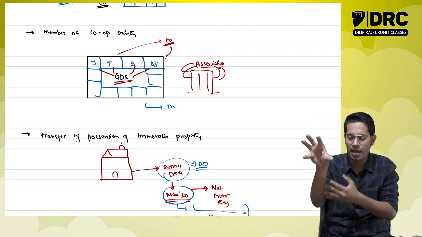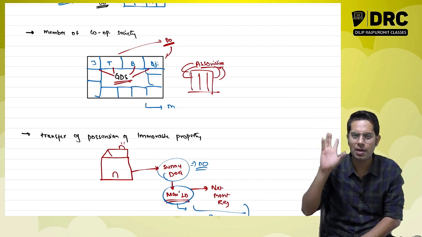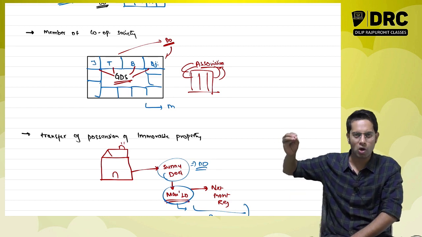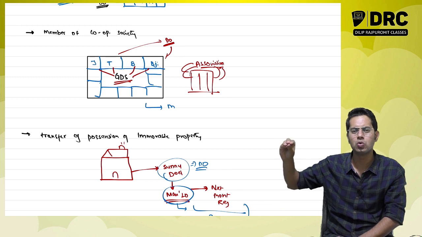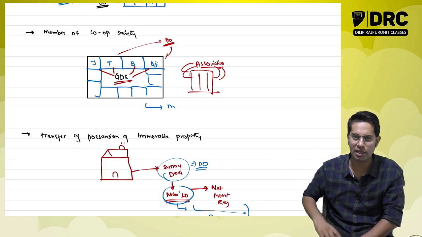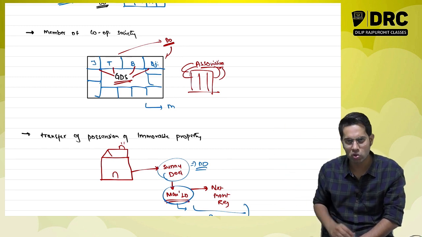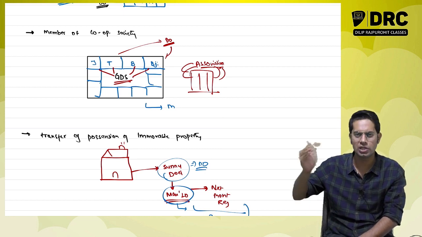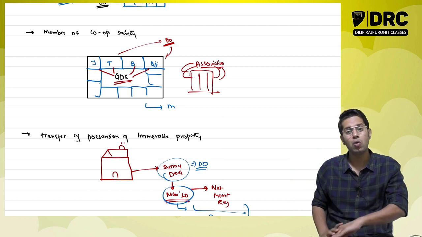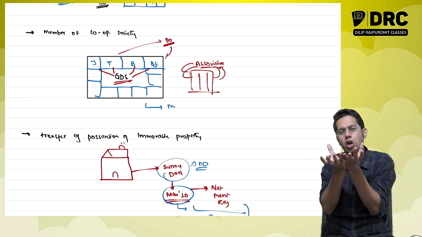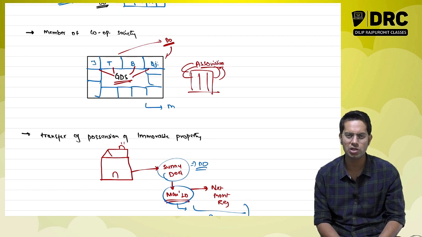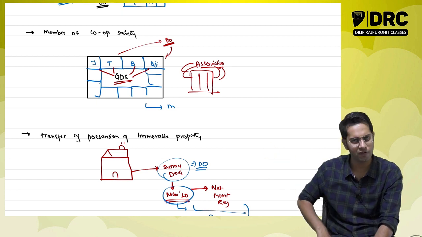Say I am staying in an apartment: flat number 201 belongs to me, flat number 202 belongs to Akshay Kumar, flat number 203 belongs to Rishabh Shetty, flat number 204 belongs to Yash, flat number 205 belongs to Deepika Padukone, flat number 206 belongs to Nora Fatehi. Now the owner of these flats individually is who, sir? Respective people are the flat owners.